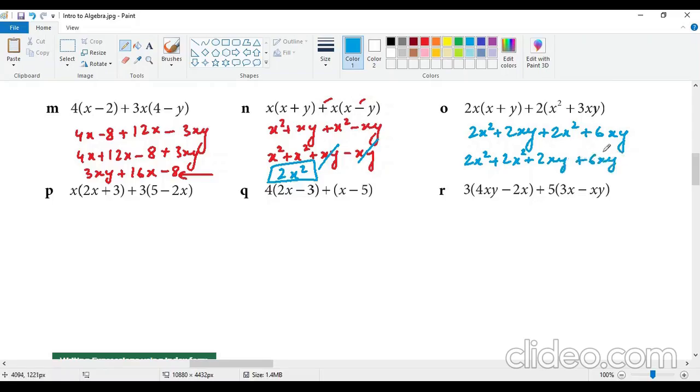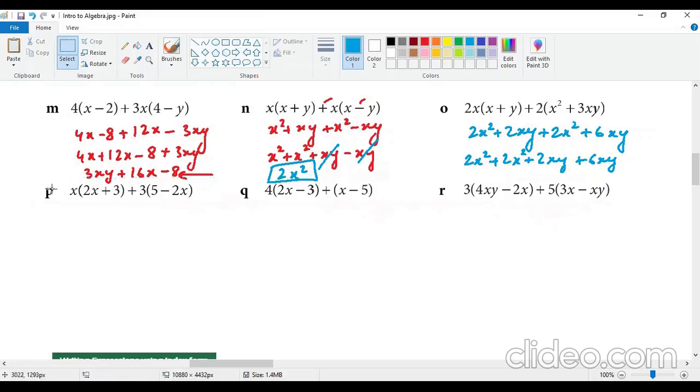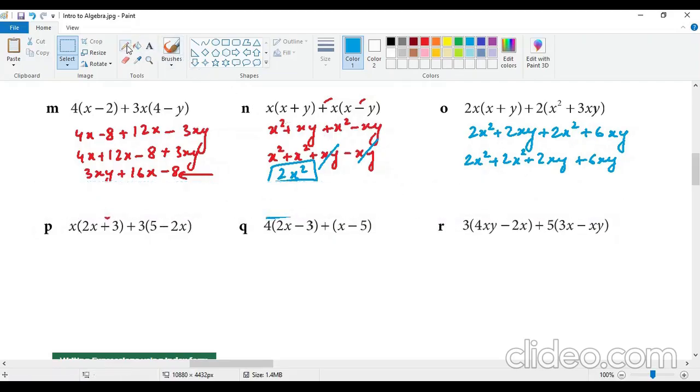I'll bring this guy a little down for me to write the answers. This will give you 4x square, and this will give you 8xy. So what is common in both of them? 4x is common, and multiplied by x plus 2y is going to be your answer.